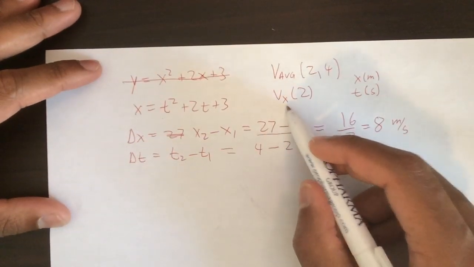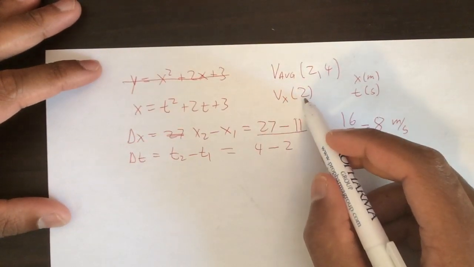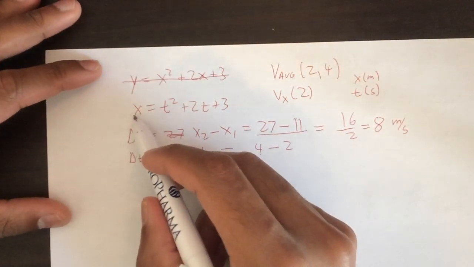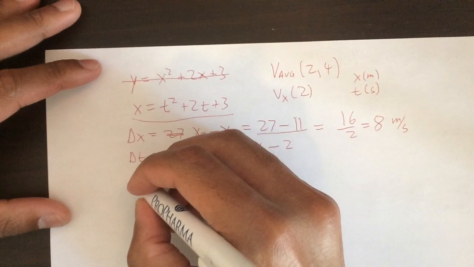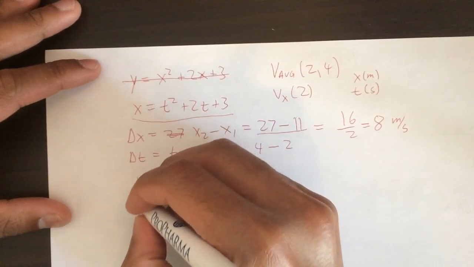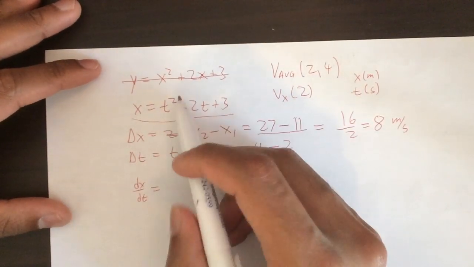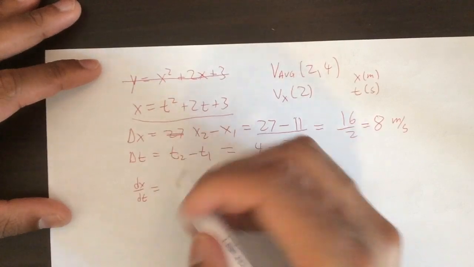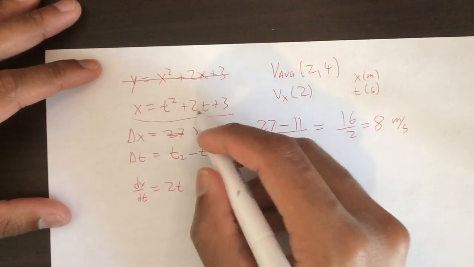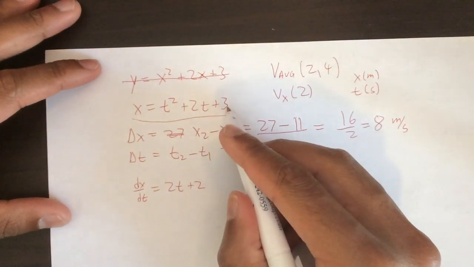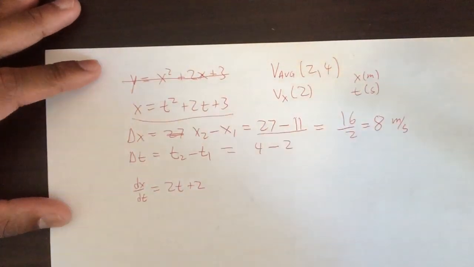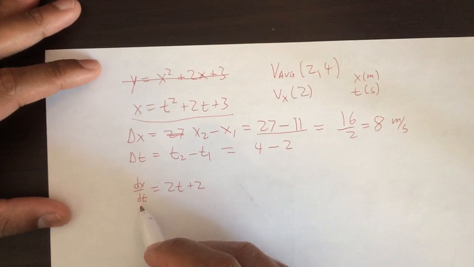Now, to find the instantaneous velocity at t equals 2, we first have to take the derivative of this expression here. So dx/dt is equal to, take the derivative here, which is 2t, take the derivative here, which is plus 2, take the derivative here, it's going to be 0. So this is what dx/dt is.